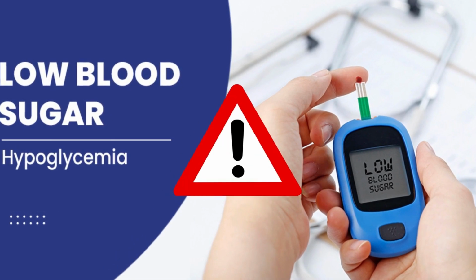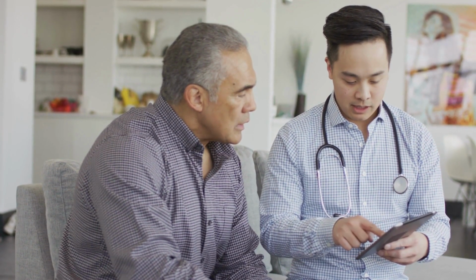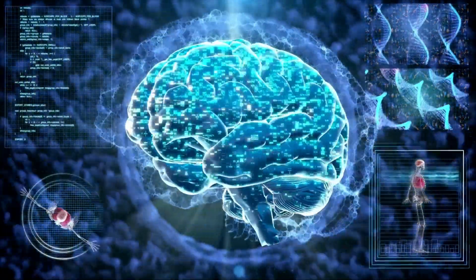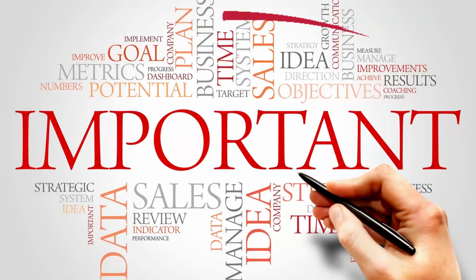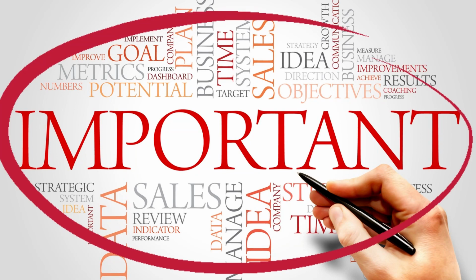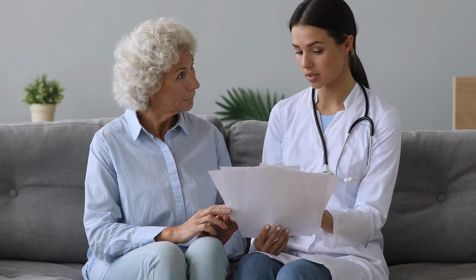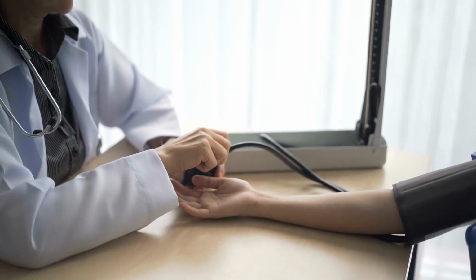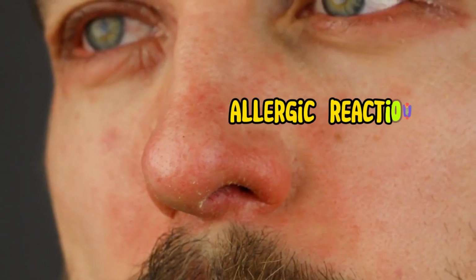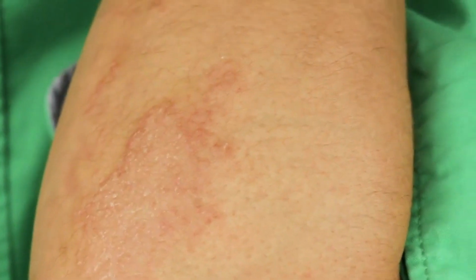Hypoglycemia can be dangerous if not addressed promptly, as it affects the brain's function and overall well-being. It underscores the importance of discussing all medications you're on with your doctor and having a plan in case of hypoglycemic episodes.